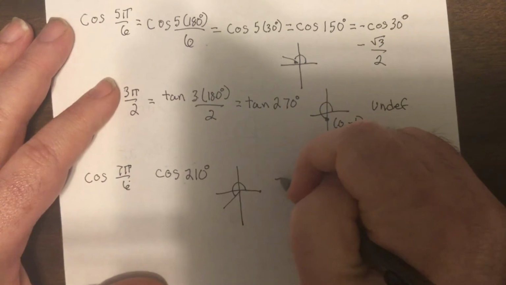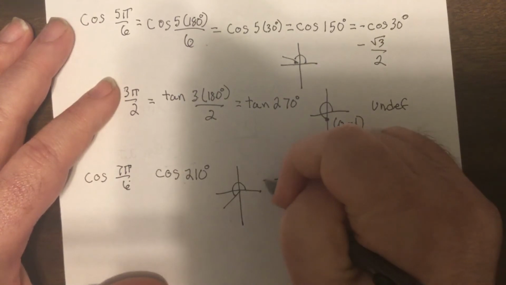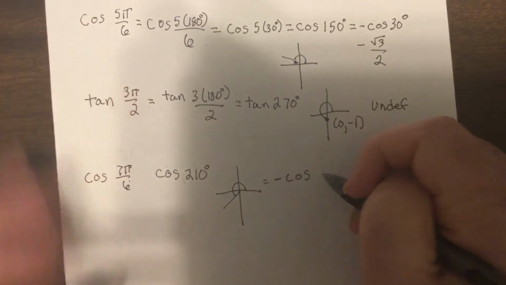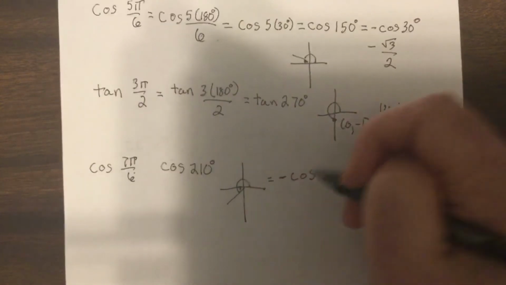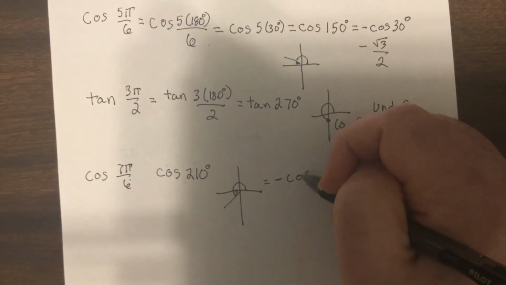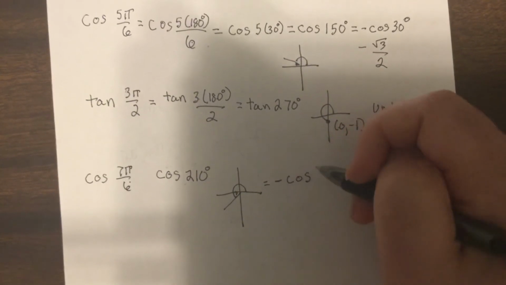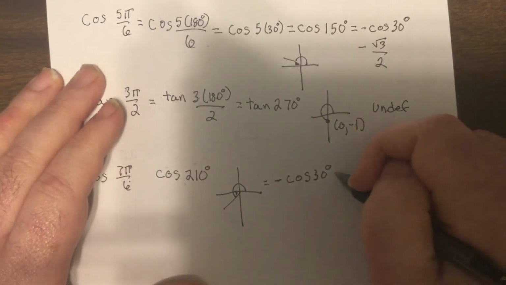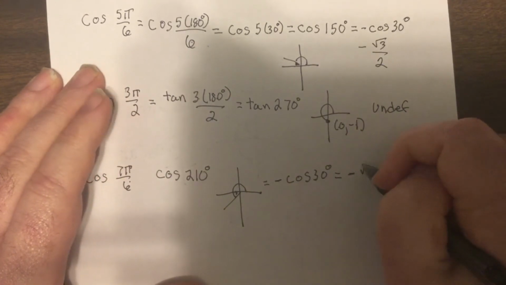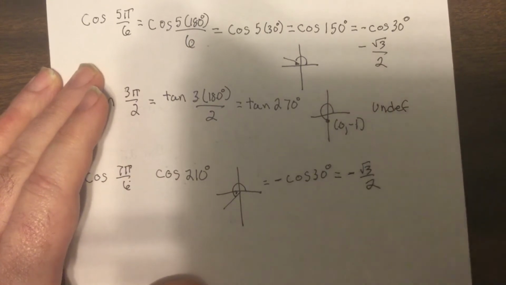Third quadrant, cosine's negative. And the reference angle again is 30 degrees, where it's 30 past the 180. So that'd be a negative square root of 3 over 2.